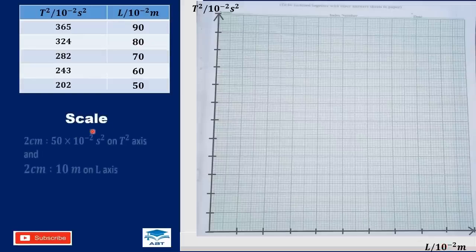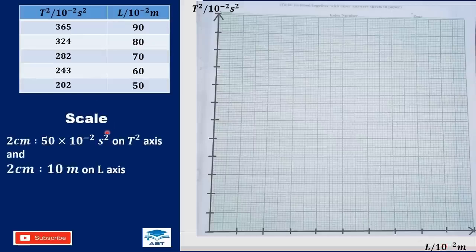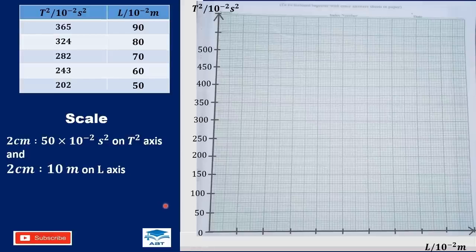We choose a scale. We will choose a scale of 2 centimeters to 50 times 10 exponent negative 2 second square on the t squared axis. So we start from 0, 50, 100, 150, 200, and so on.